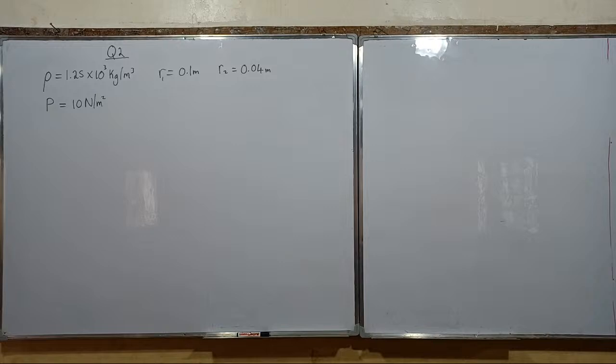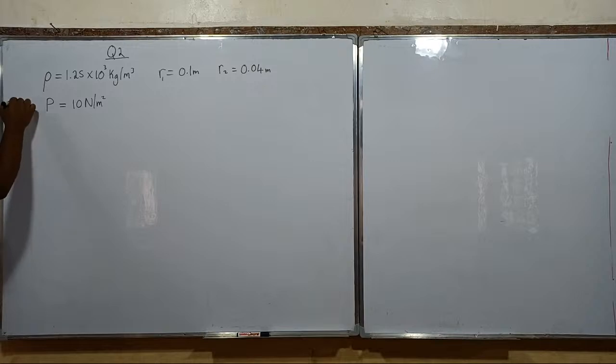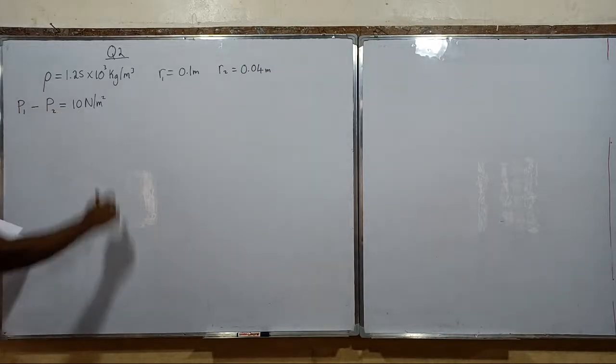Meaning that temperature 1 minus temperature 2 is 2. In this case, pressure 1 minus pressure 2 is 10. This is the pressure drop. It's not pressure 1 or pressure 2, it's the pressure drop. So we can say pressure 1 minus pressure 2 is 10.